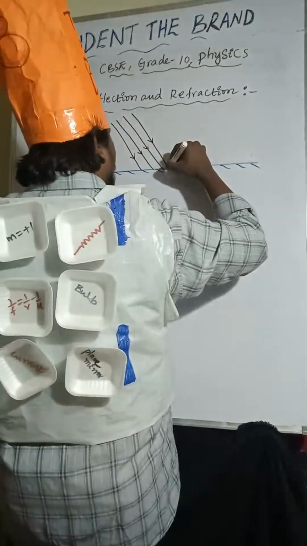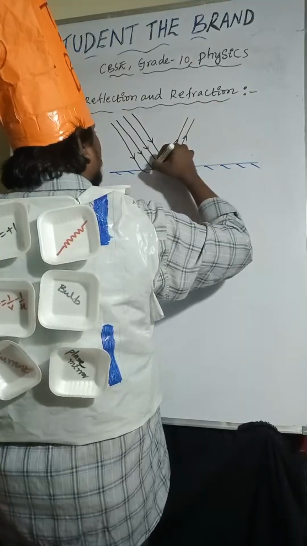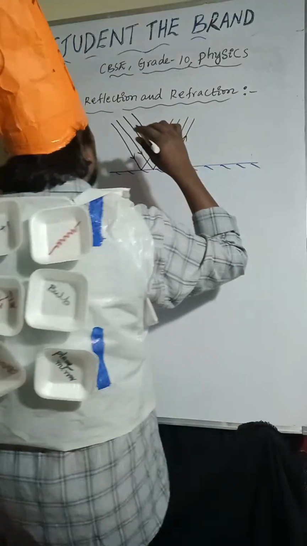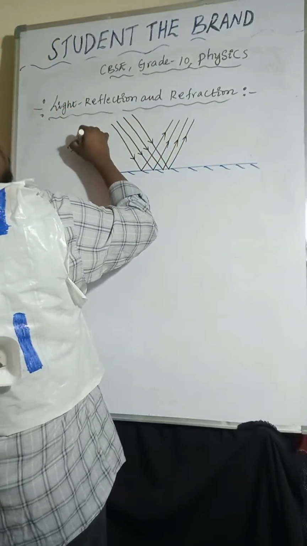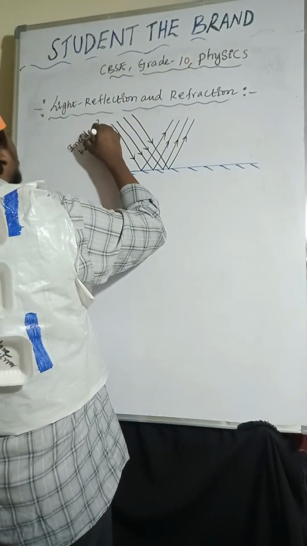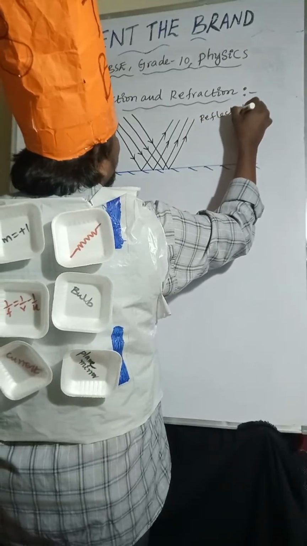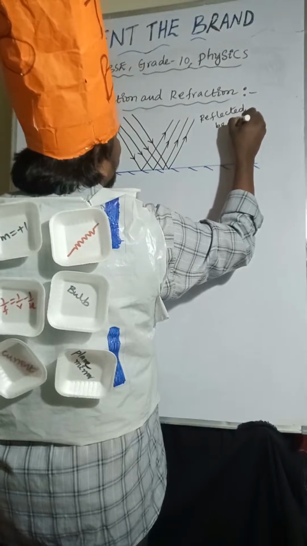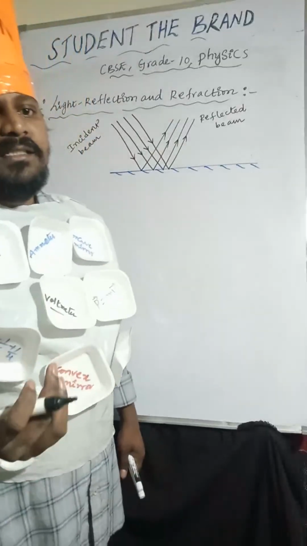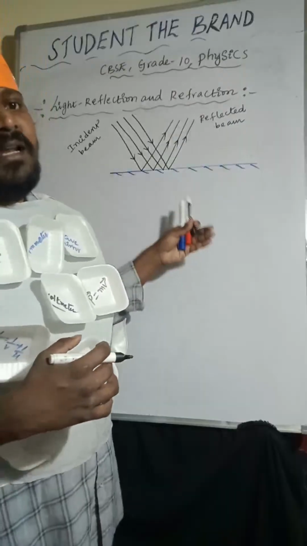Then if you observe the reflected light rays, so this is the incident beam. Incident beam is parallel. This is a reflected beam. So the incident beam is parallel, and at the same time, after reflection, the reflected light rays are also parallel to each other.